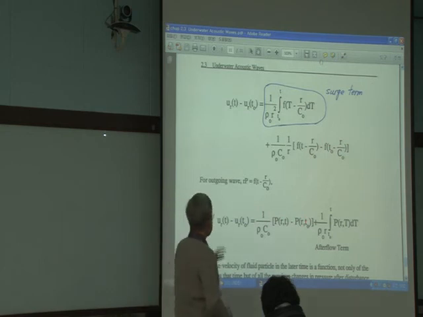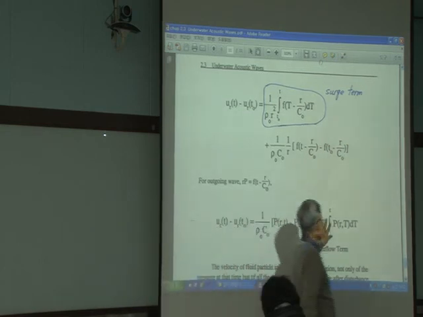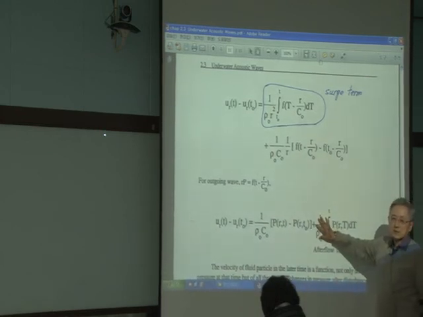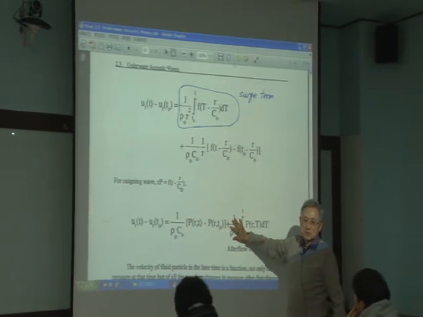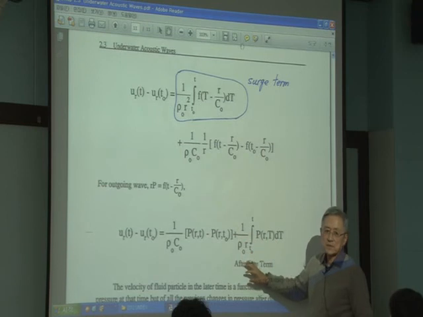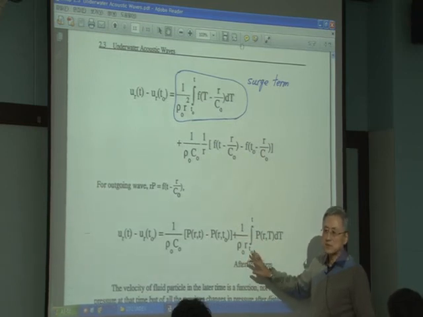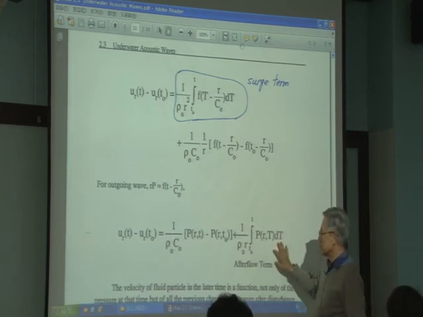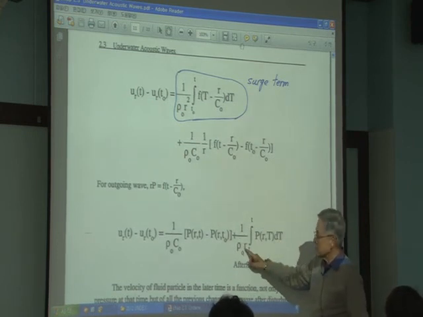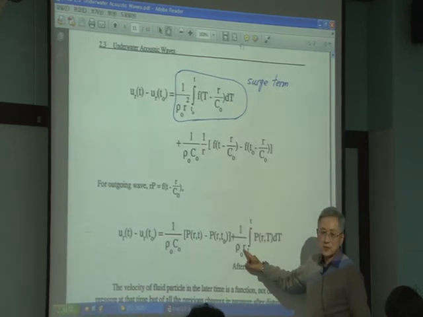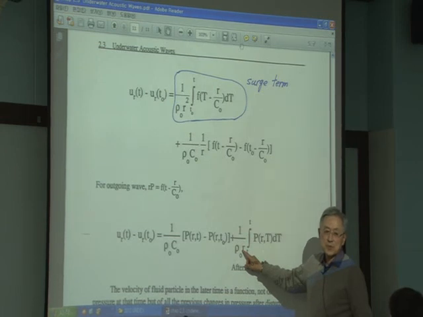If you look at this equation without the second term, it is identical to the plane wave solution, no difference. But this portion is the so-called afterflow term, sometimes called the surge term, which is a function of R. If R is getting larger, it converges to what wave? Plane wave, right?